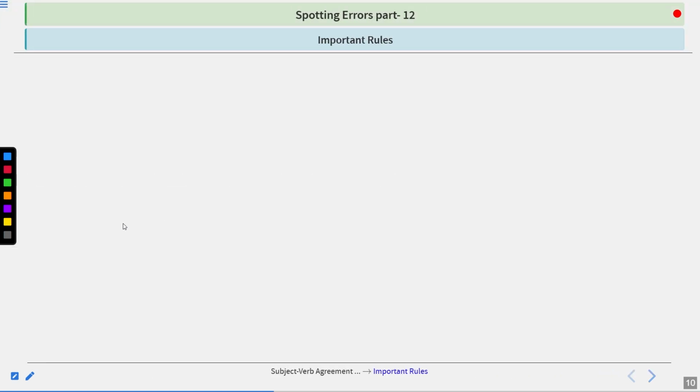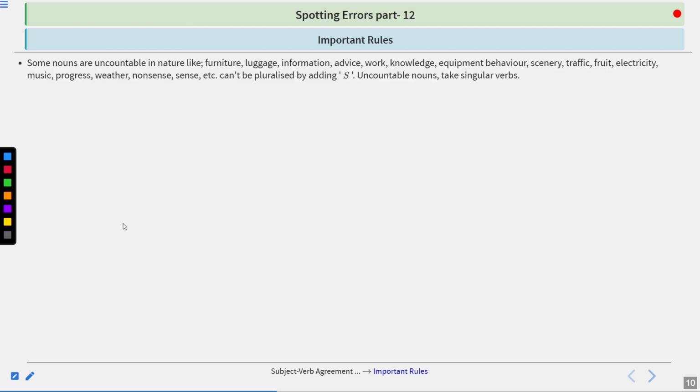Important rules. Some nouns are uncountable in nature, like furniture, luggage, information, advice, work, knowledge, equipment, behavior, scenery, traffic, fruit, electricity, music, progress, weather, nonsense, sense, etc. They can't be pluralized by adding s.